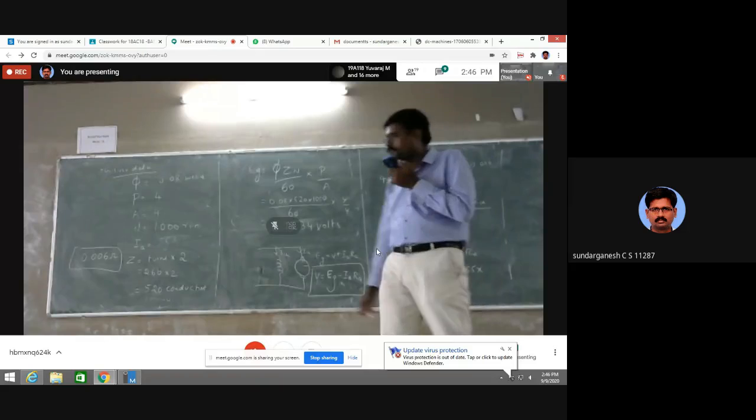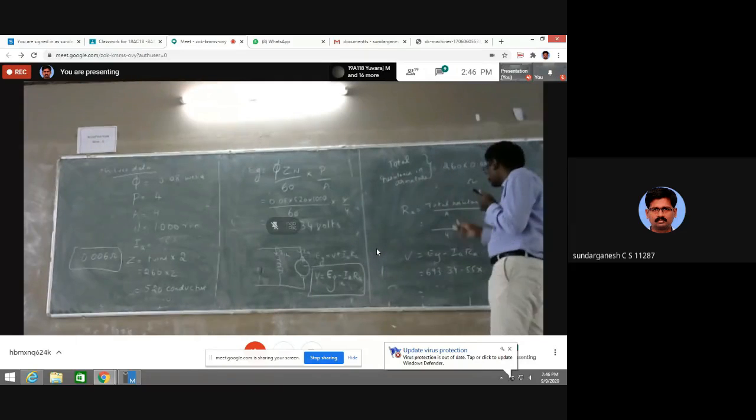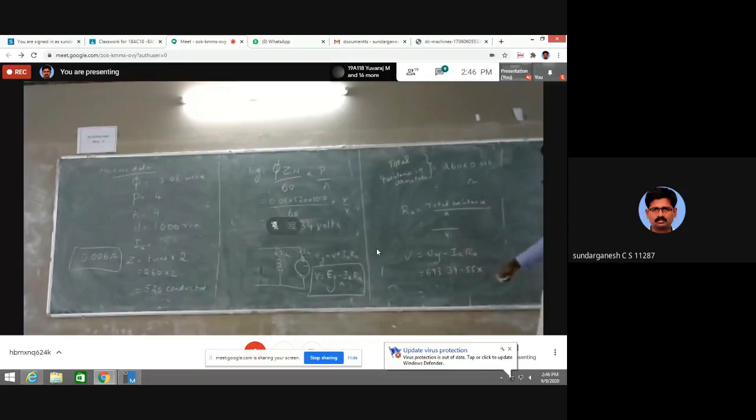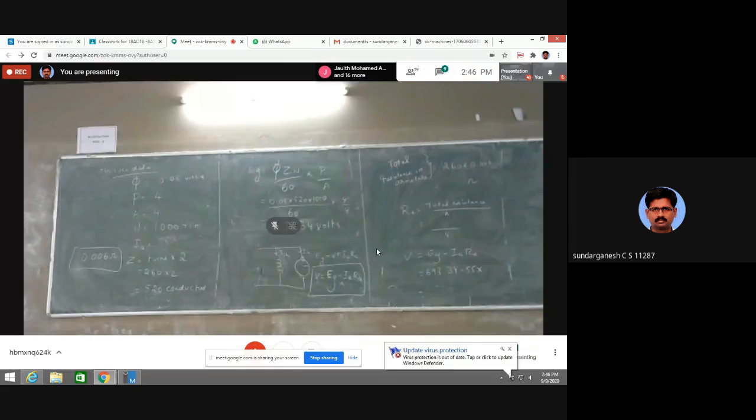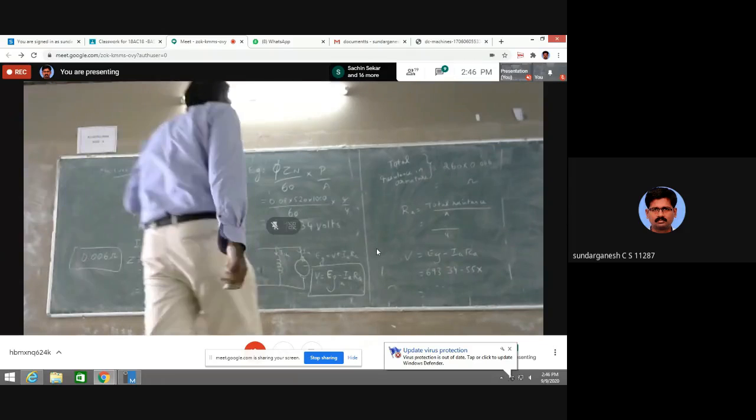So anyone find out and tell me what is the value here, here, and here. A calculator is a must for our subject. So total resistance is 1.56 ohm.